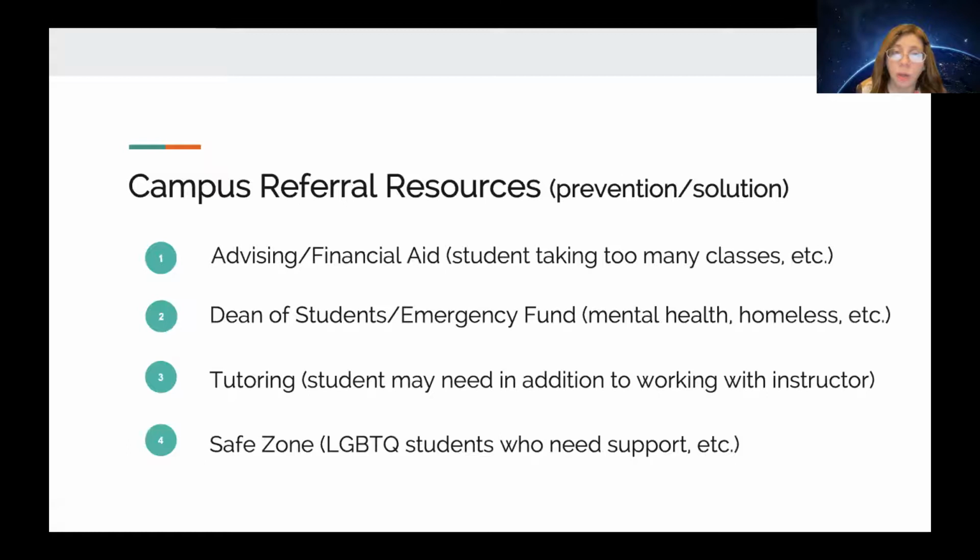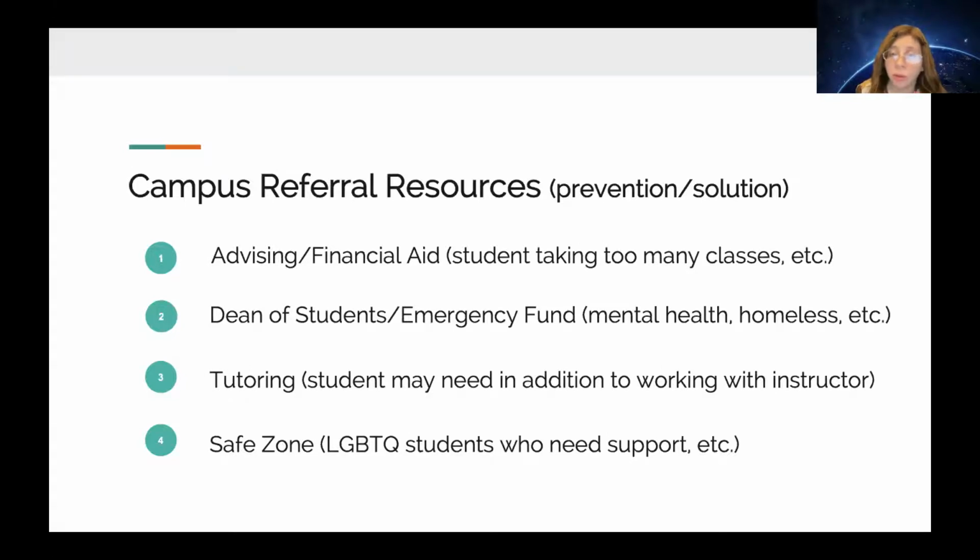So here are some ideas for referrals on campus. So advising or financial aid. You may very well have had students who are struggling in class simply because they have too much on their plate. And so if possible, right, it might even be a question of them dropping one or more classes. And so they might need to speak to some departments about that. Dean of Students, emergency funds, right?